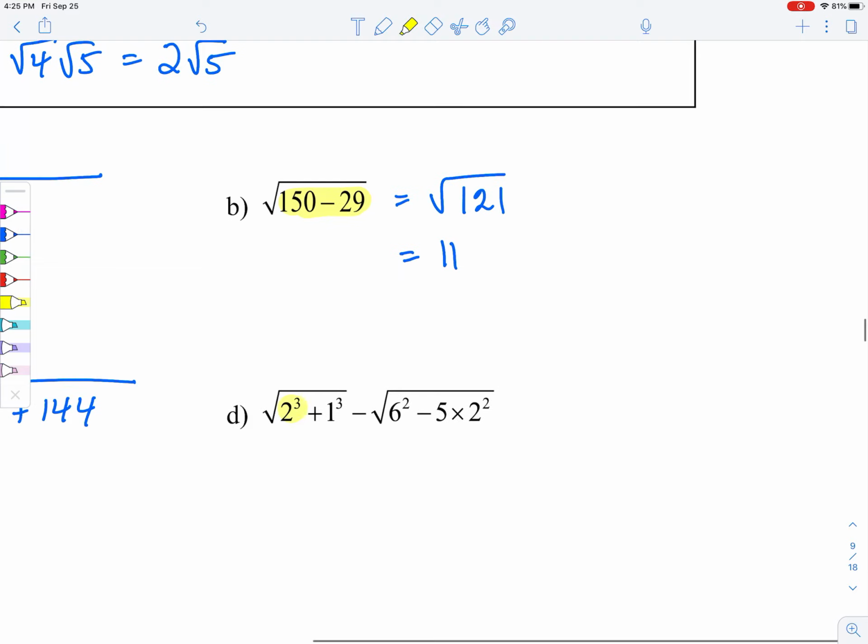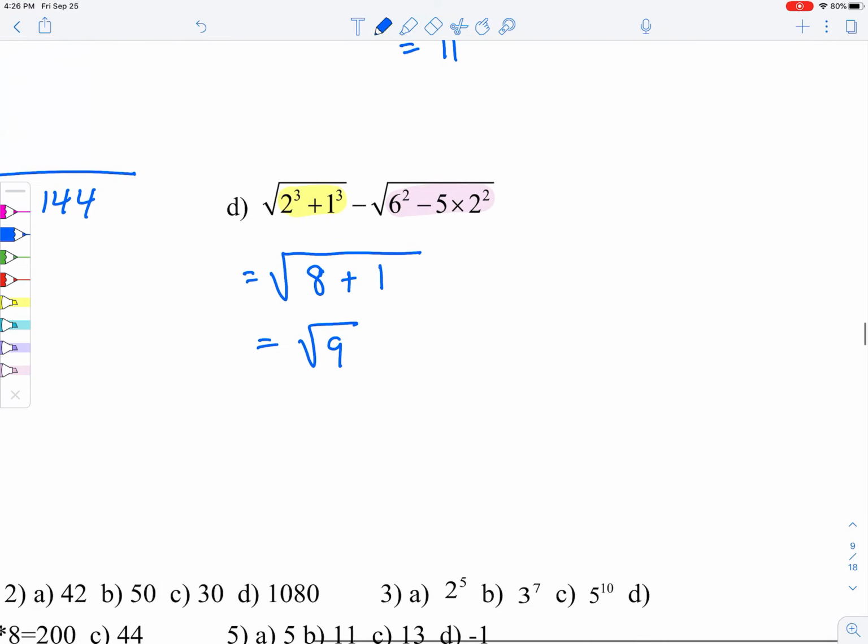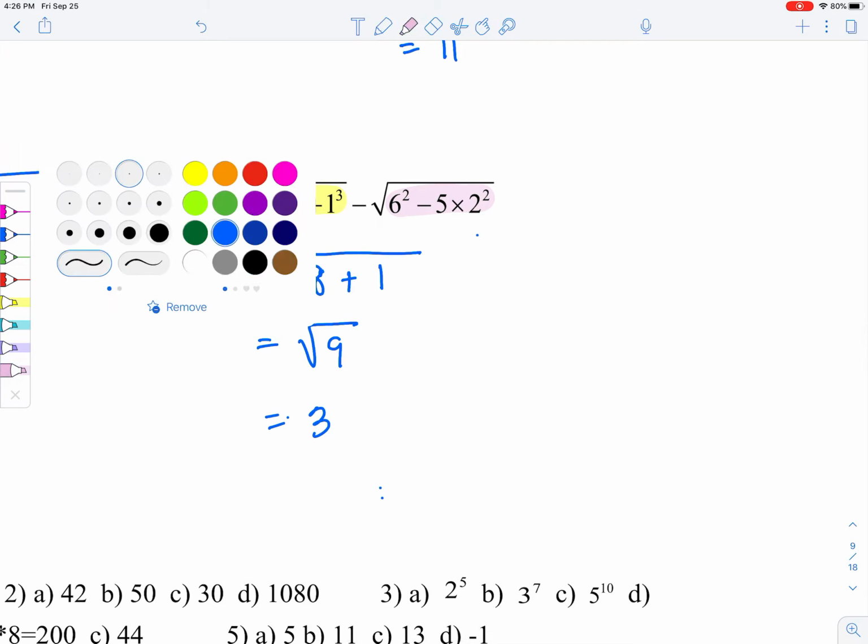For D, we've got two separate square roots with two separate guts. So we're going to have to follow BEDMAS underneath each one. So inside the first square root, it's kind of like brackets. Inside that first square root, 2 to the 3 is 8, plus 1 to the 3 is 1. So my first square root is root 9, which also happens to be 3.